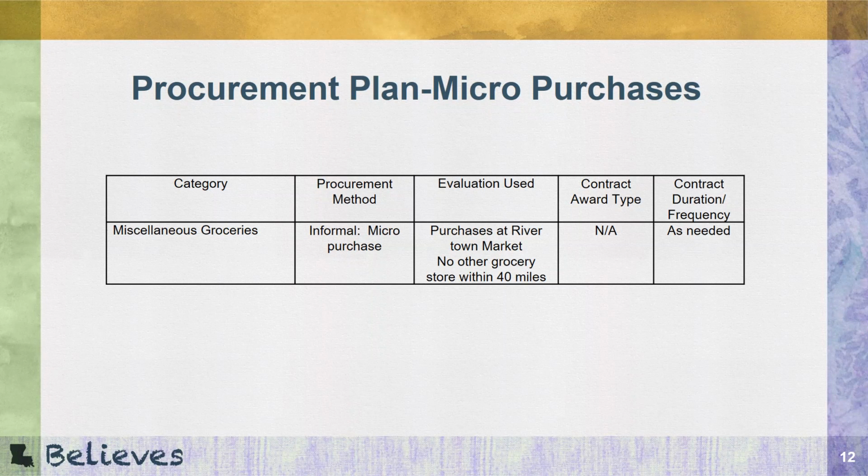And it's not reasonable to expect the SFA to utilize more than one grocery store because the next closest grocery store is so far away. So you just indicate that in your procurement plan so that the reviewer will know that upon coming on site for your review.